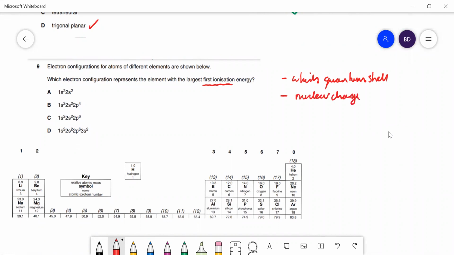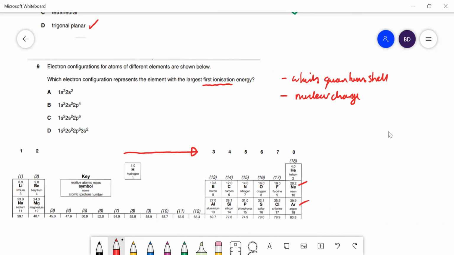As we go across any period, like period 2, the general trend is that the nuclear charge increases, so the first ionization energy increases. The element with the highest first ionization energy in each period is the noble gas. So neon is the highest in period 2, then argon, and so on. So we're probably looking for a noble gas here.